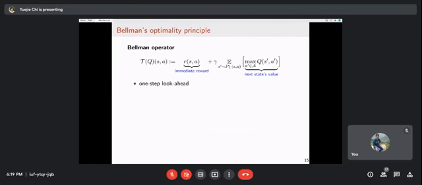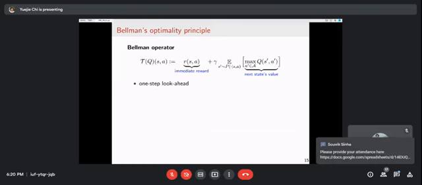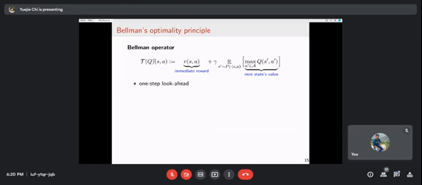This turns out to also serve a very important role in the design of reinforcement learning algorithms. So let us review this very well-known Bellman operator. This is a Bellman operator that applies to any two-dimensional function like a Q function, and also returns another Q function, but an improved version based on one-step look ahead.